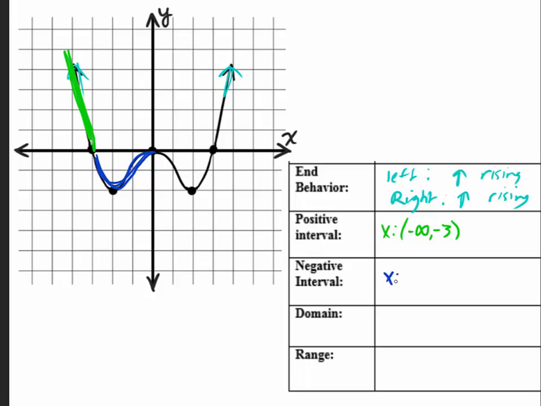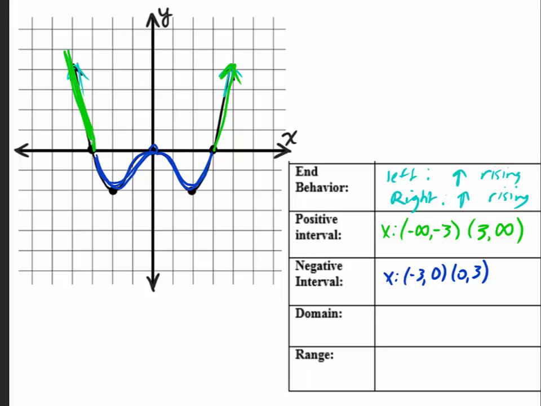So from negative 3 all the way to 0. Now at 0 I just bottom out. I'm at a neutral point, and then I go below again. So from 0 all the way to positive 3, I'm below the water. And then from positive 3 all the way to infinity, I'm back above. So from 3 to infinity.